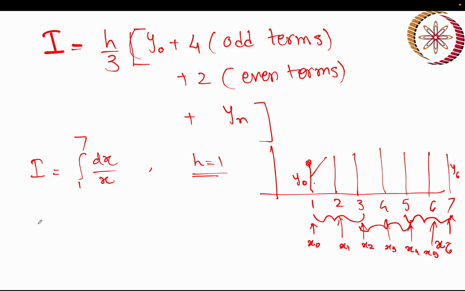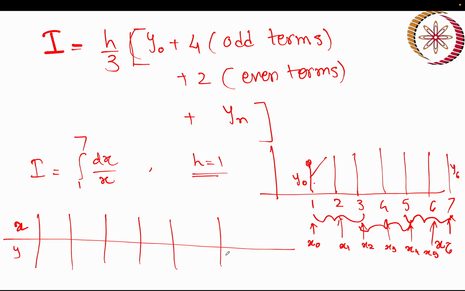Okay, so I will create the table. So x, y, where x is equal to 1, 2, 3, 4, 5, 6, 7. The function that we are integrating here is y equal to 1 upon x.